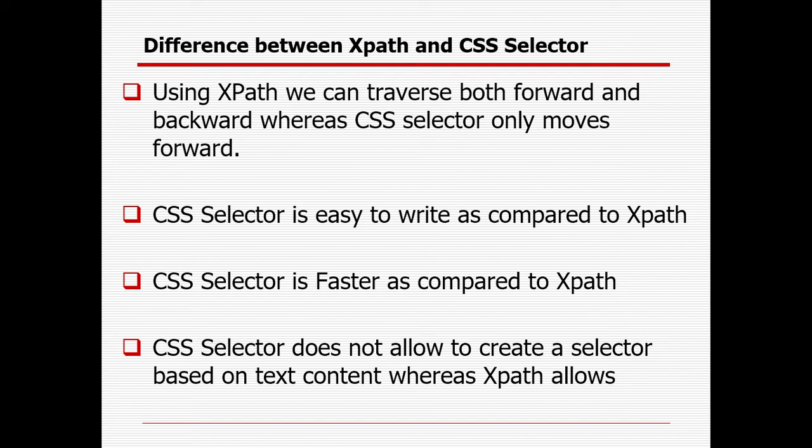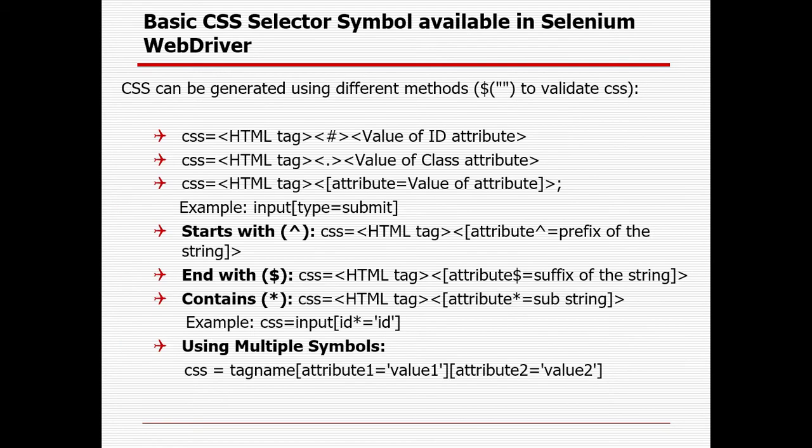CSS selector is easy to write as compared to XPath. CSS selector is faster as compared to XPath. CSS selector does not allow creating a selector based on text contents, whereas XPath allows. So suppose there is some text or partial text, with the help of text you can create an XPath, but in the CSS selector you will not be able to do it.